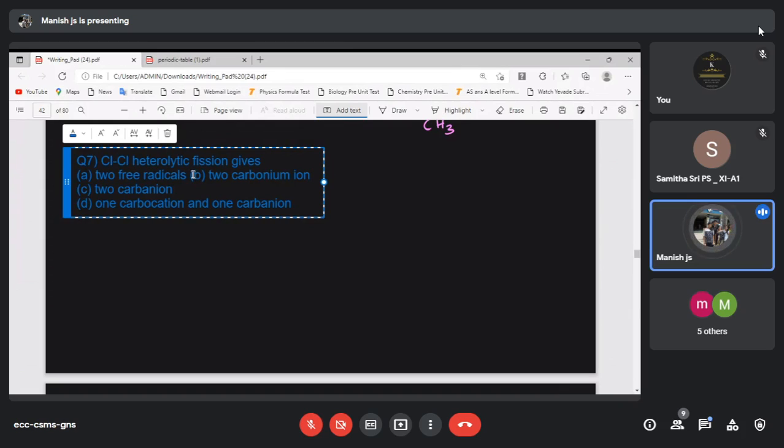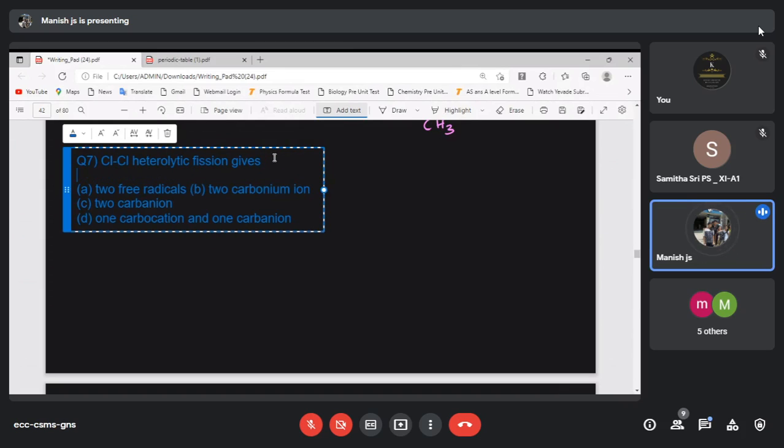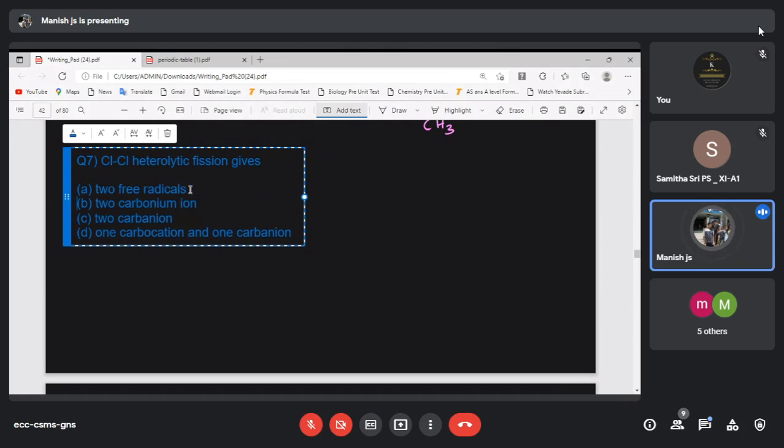Yes, so options are also given here. Cl-Cl, chlorine hydrolytic fission will give you... So 4 options are there. Okay. ஞாபகம் இருக்குங்களா?